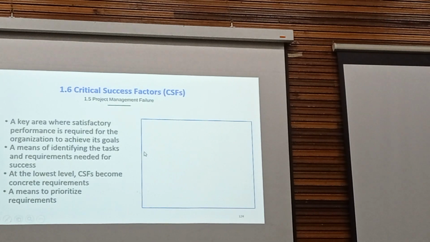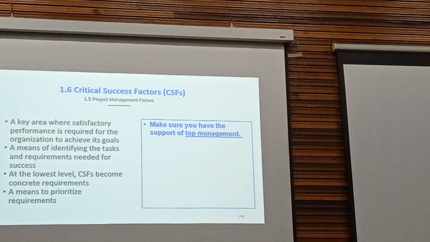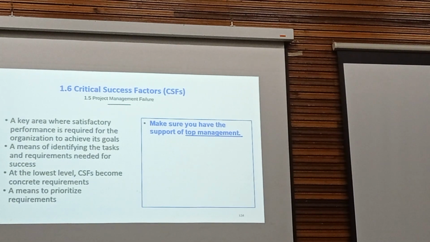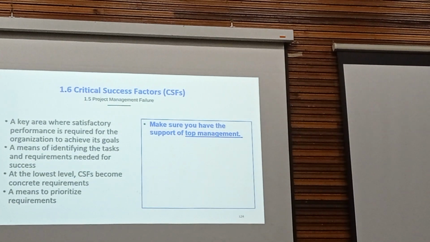So, critical success factors. Make sure you have top management support. When top management supports you, things can go on more smoothly. If you want to ask for a machine of higher spec so that work can be completed faster, the chance of getting it will be higher.